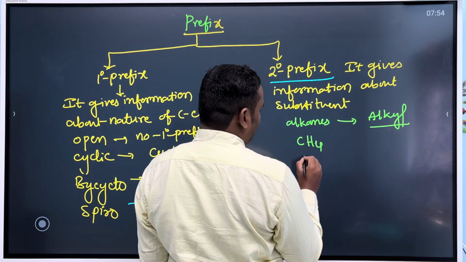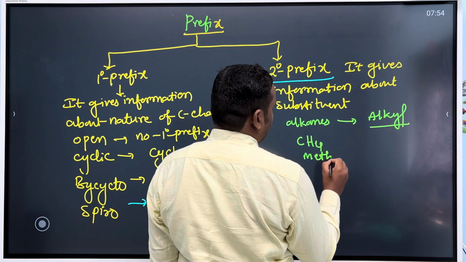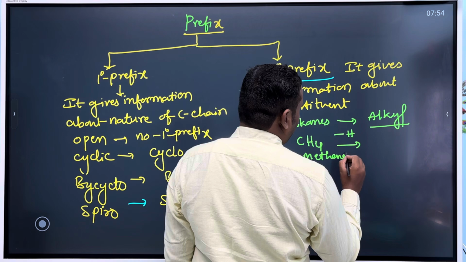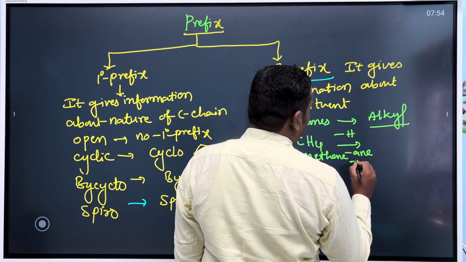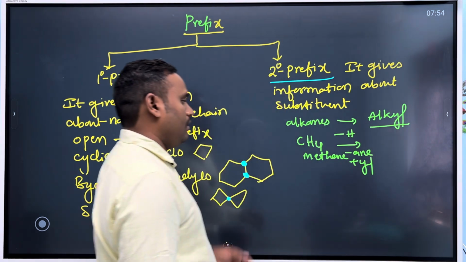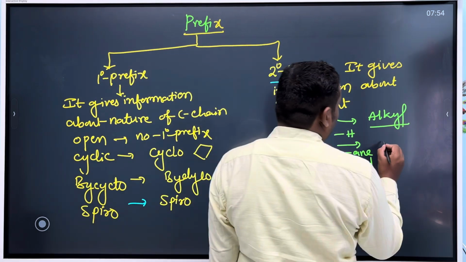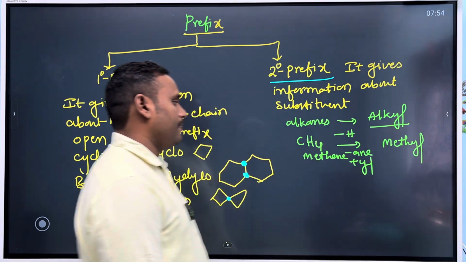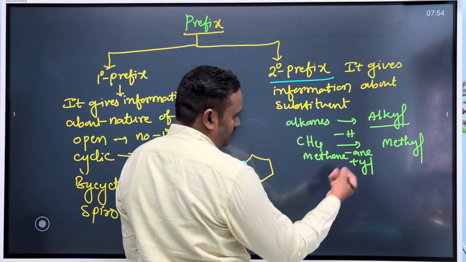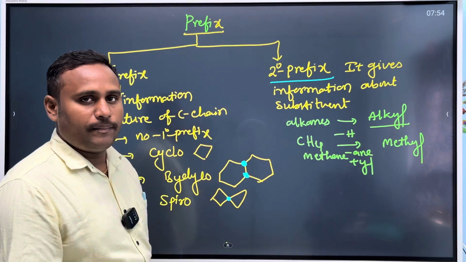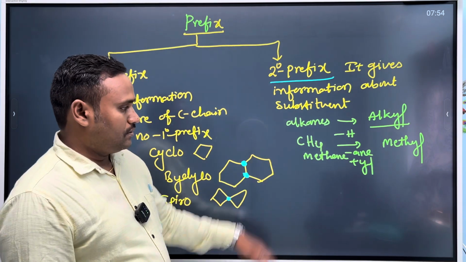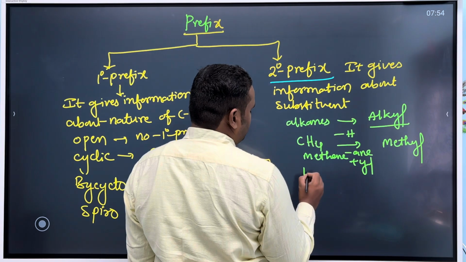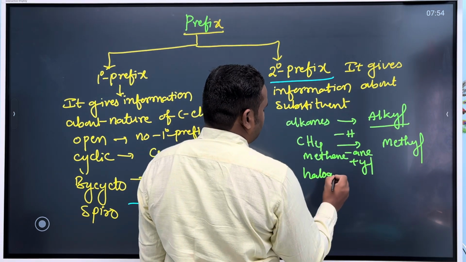For example, CH4 is methane. So here we are removing one hydrogen, removing ane, and adding yl. Okay, so now what is the secondary prefix we use here? Methyl. Likewise, ethyl, propyl, butyl, pentyl, like that we use secondary prefixes. Next, halogens.